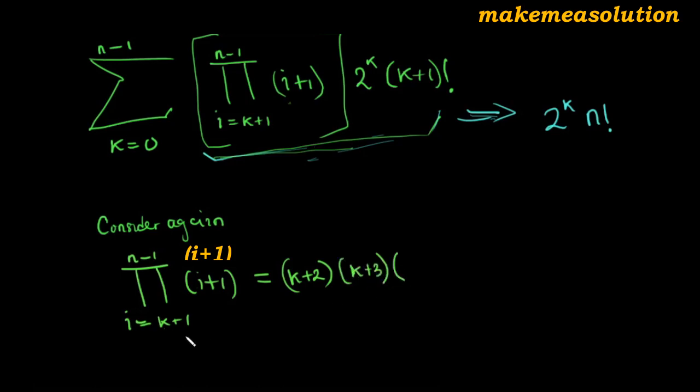And for k plus 3, we'll have k plus 4. For k plus 4, when you put it into this formula, you have k plus 4 plus 1, which is k plus 5. So it keeps going.